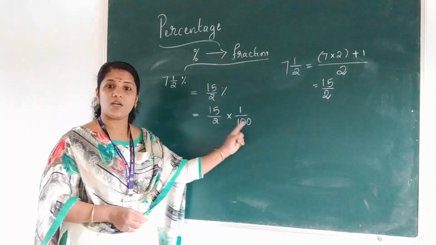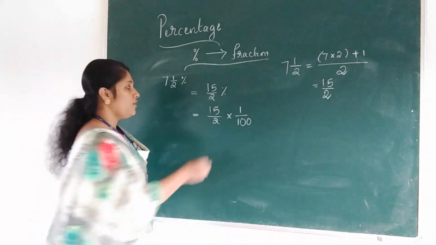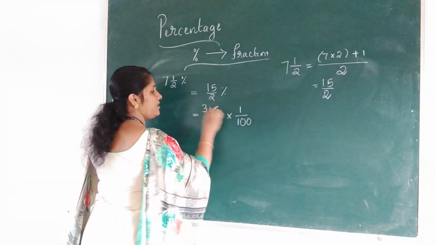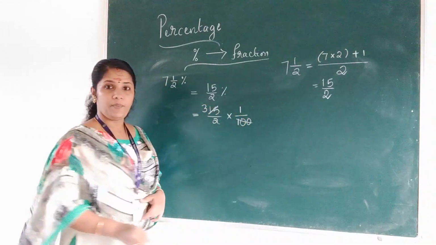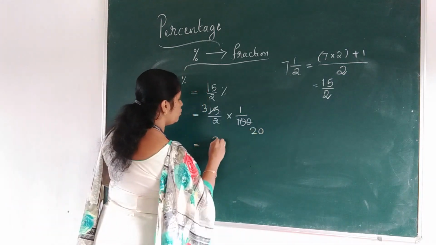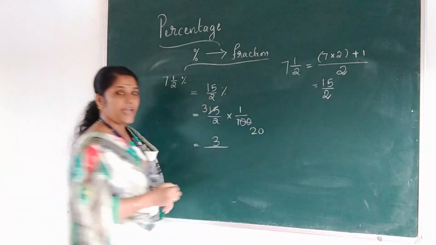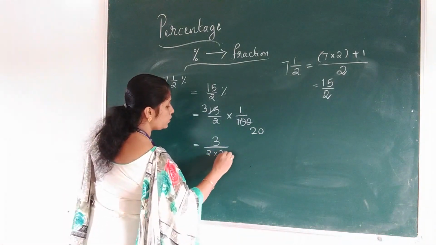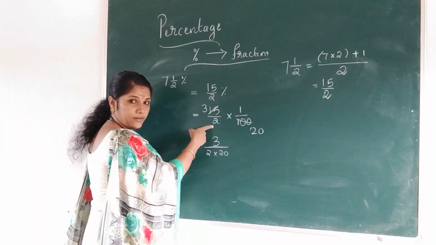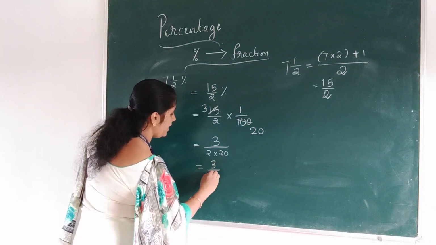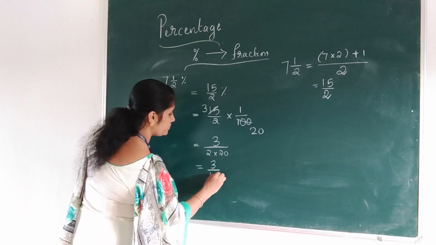Yes, 5 is the common factor. When you cancel, 5 threes are 15 and here it will be 20. Now the numerator is 3 and the denominator is 2 into 20. So the answer is 3 by 40.